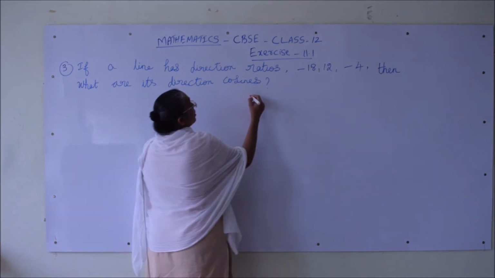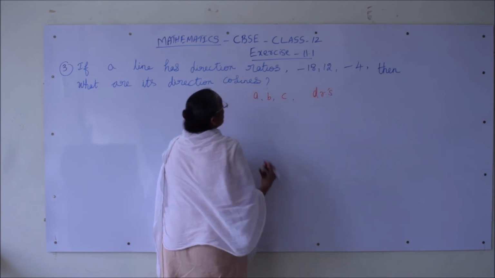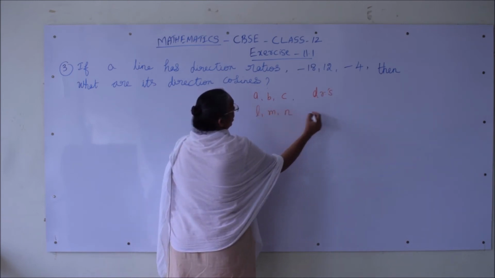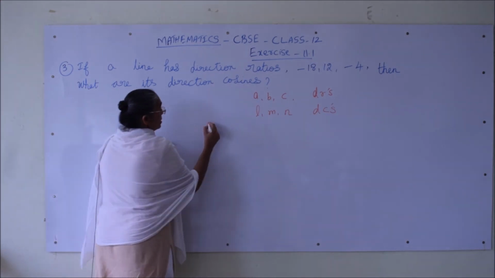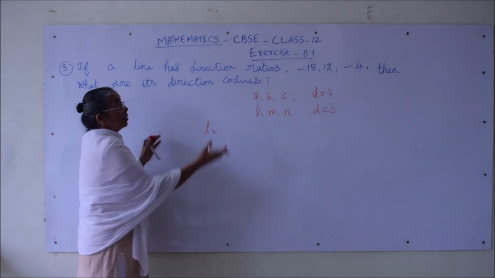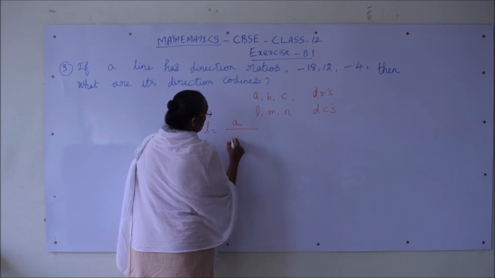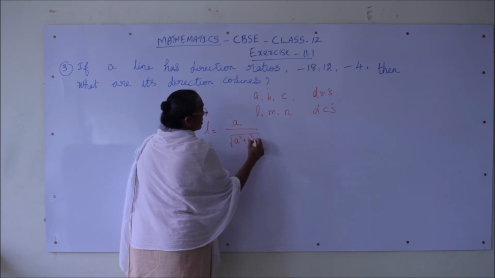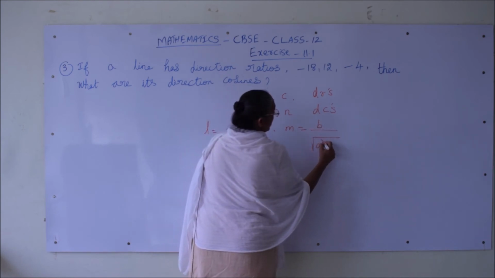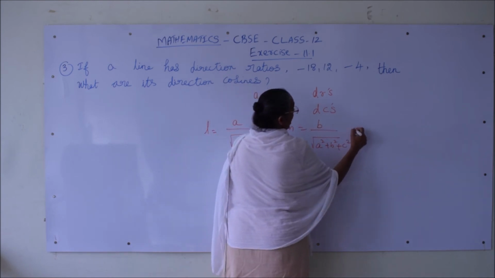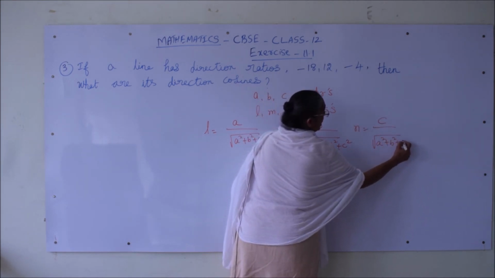If A, B, C are direction ratios (DRs) and L, M, N are direction cosines (DCs), then direction cosines in terms of direction ratios: L is equal to A by root over A square plus B square plus C square, M is equal to B by root over A square plus B square plus C square, and N is equal to C by root over A square plus B square plus C square.